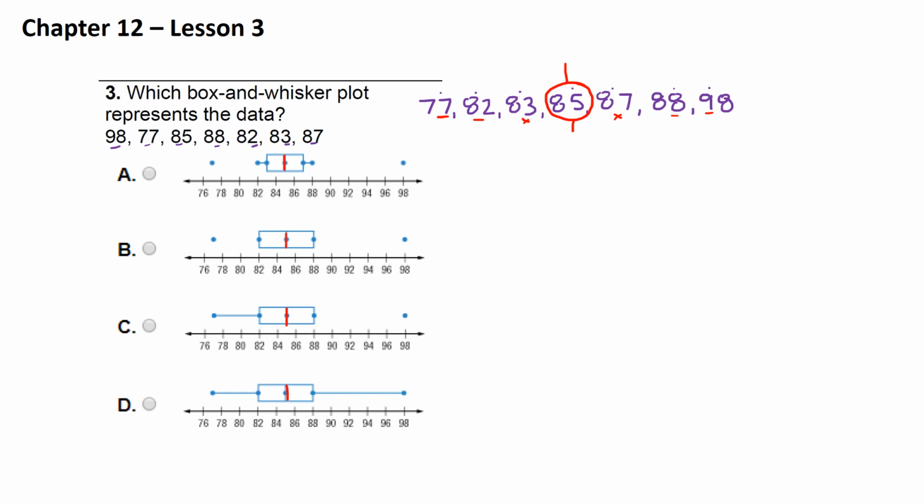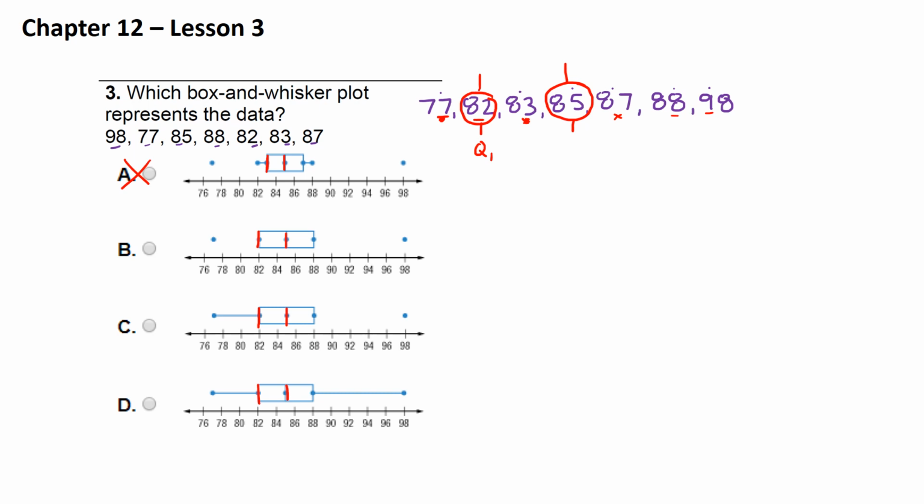And D, 85 as the median. All right, so we're going to find the median of the lower half, left, right, center. 82 is quartile 1. For A, they have 83 listed as quartile 1, so that is no longer a choice. For B, they have 82, C 82, and D 82.